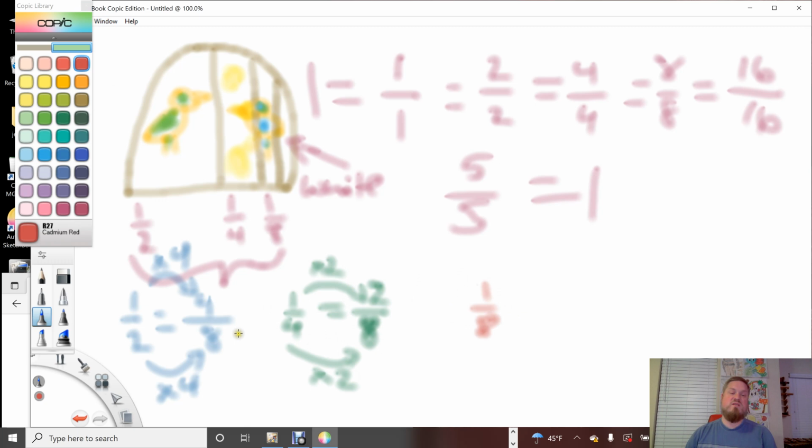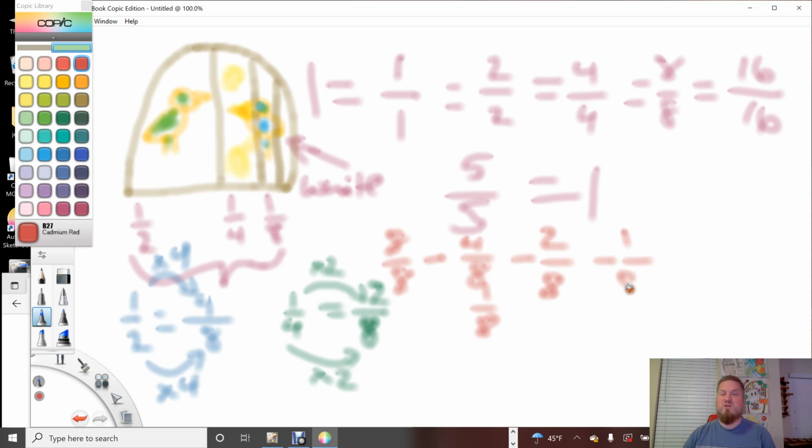So one way to do this, the way that your book says, is to take 1. How do we turn 1 into 8s? We'll just put 8 over 8. So we're going to have 8 over 8, that's 1, minus the amount that's the green birds, which is 4/8, minus the part that is yellow birds, 2/8, minus the part that is blue birds, 1/8.